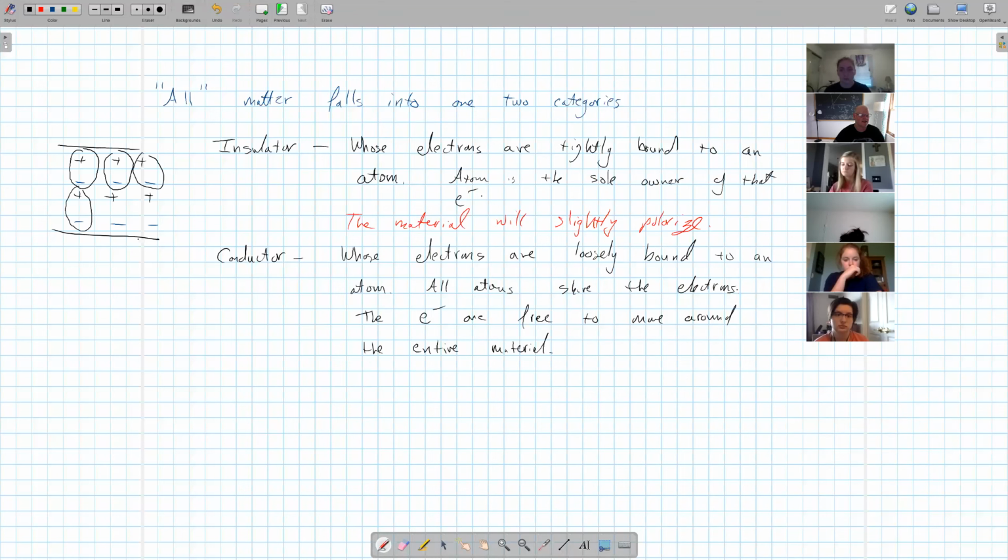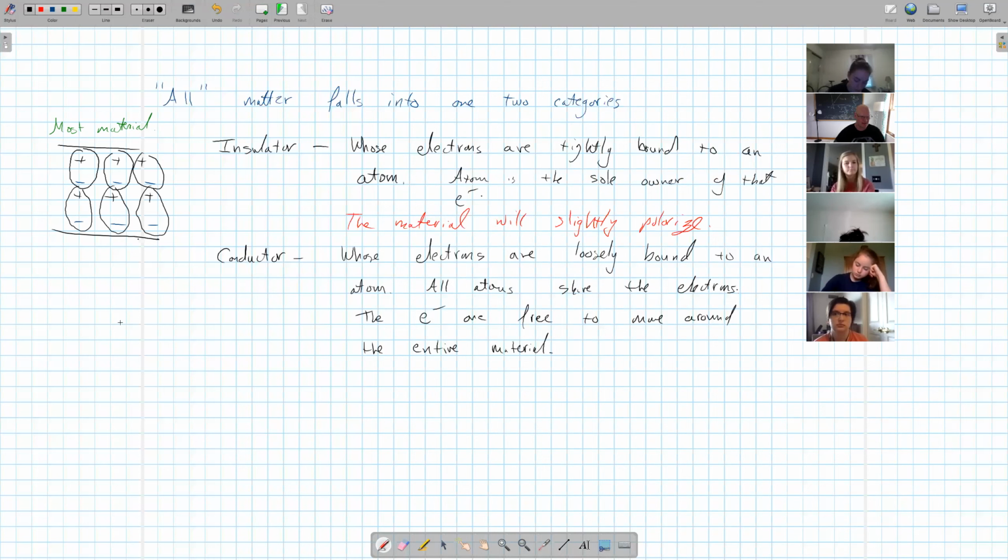So this is an insulator. Now, most materials end up being insulators. This is basically going to be most materials. Your plastics, glass, wood, different things like that, these are all basically insulators.